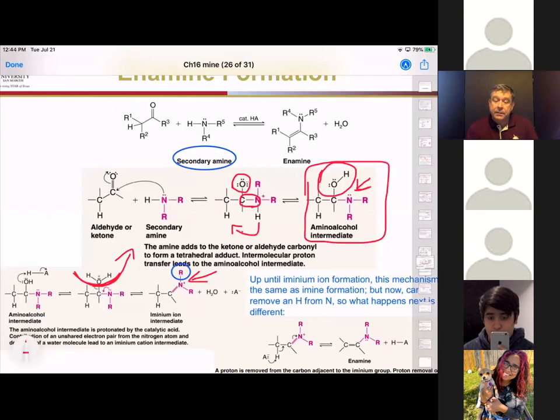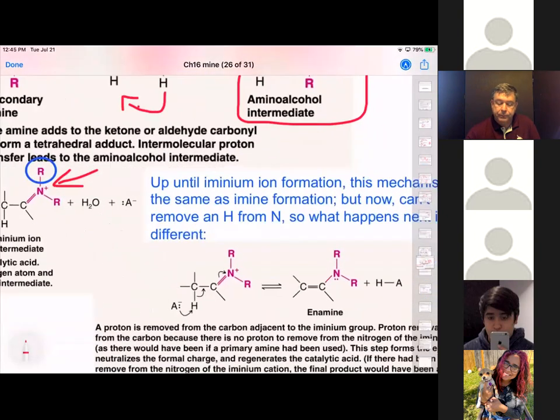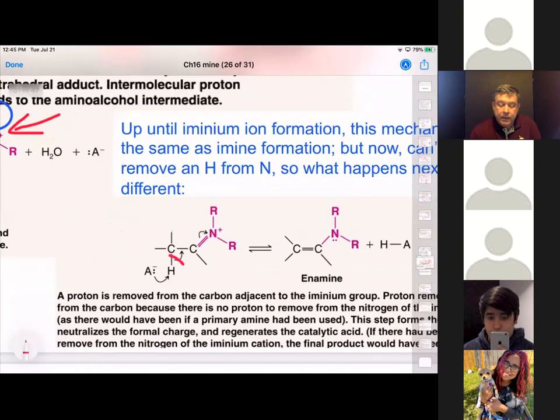So what happens is one of the protons, let me blow this up, from the adjacent carbon can now be removed. Those electrons can kick in, and that kicks out the double bonded electrons to give us our neutral nitrogen species. So the whole point is that we had to remove a hydrogen to generate our neutral compound in the end.